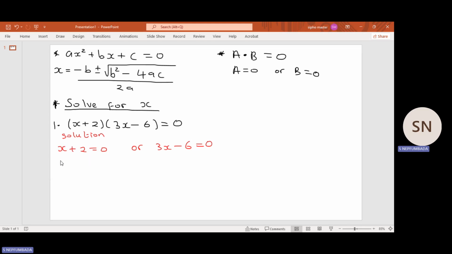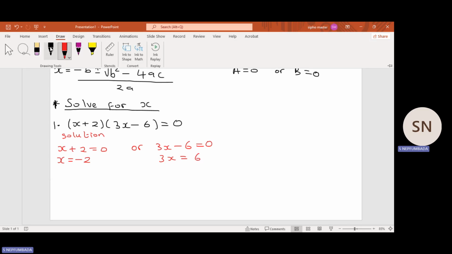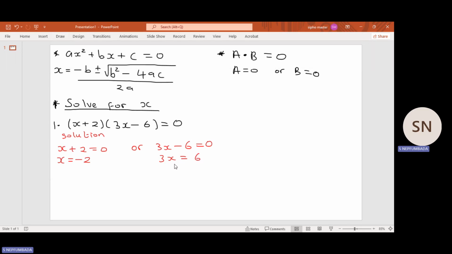Therefore, we take all the numbers that don't have x to the right-hand side, and any number that crosses the equal sign changes the sign. If that side it was positive, it means this side is negative. Then that one, we are done with it. Then we go to this one. This is 3x equals to what? 6. But on this one, we're not done because they didn't ask us to solve for 3x.